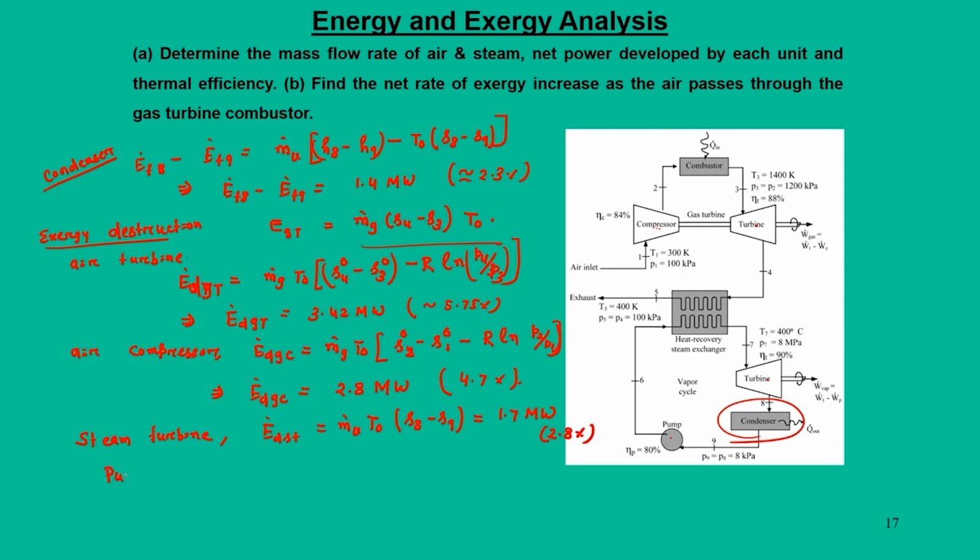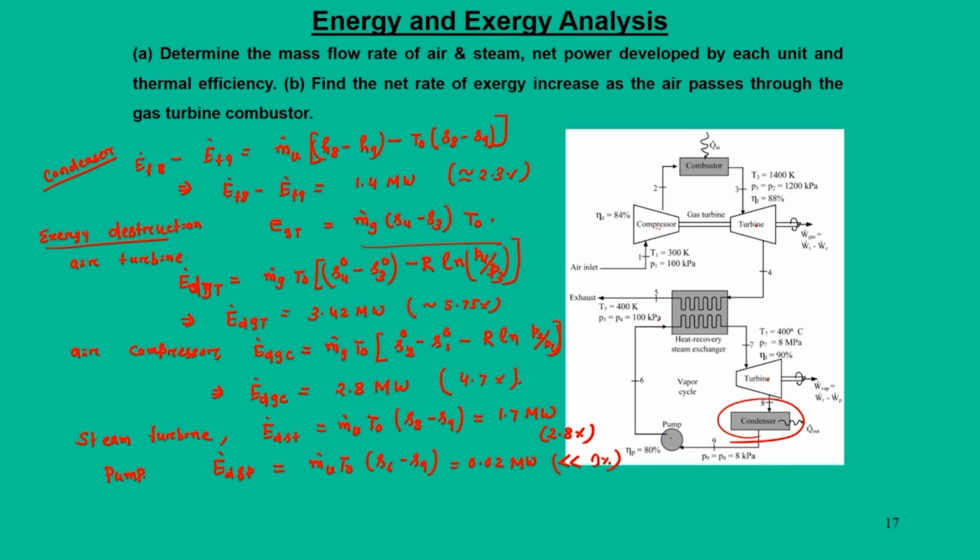Then the pump: the exergy destruction for the pump is m dot V T0 into H6 minus H9. This is 0.02 megawatt, much less than 1%, so the pump has negligible exergy loss.